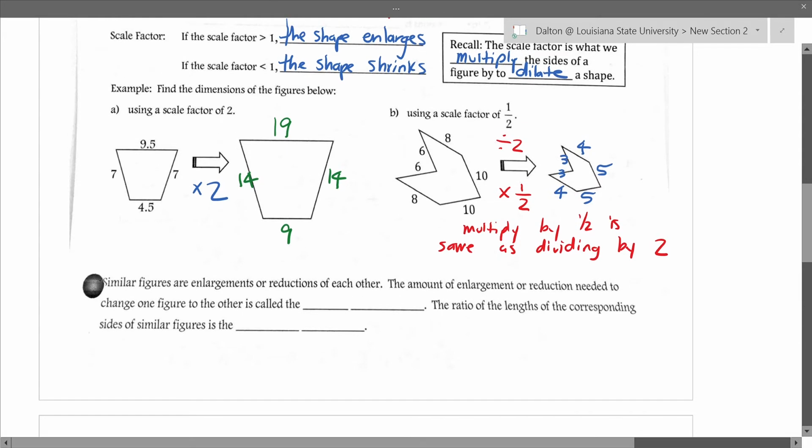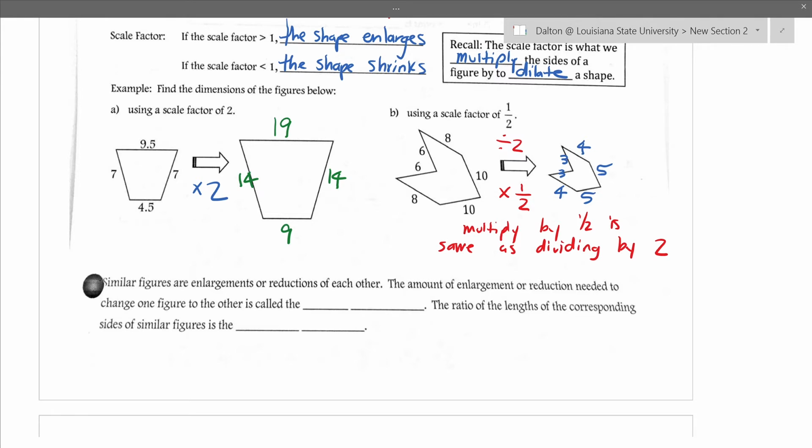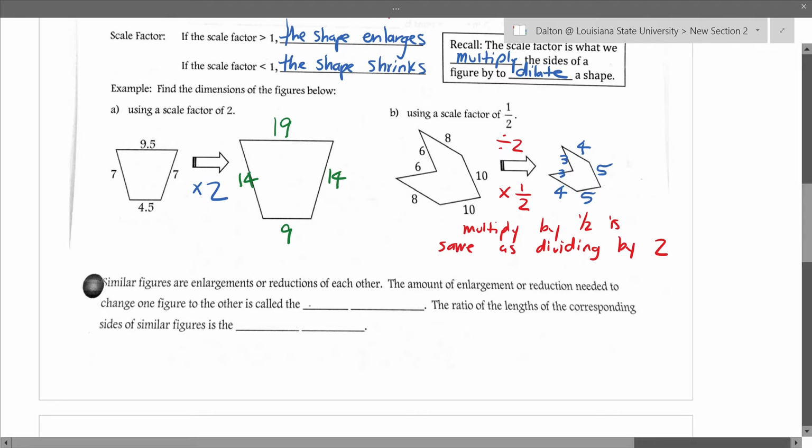Okay, and then lastly, it says similar figures are enlargements or reductions of each other. The amount of enlargement or reduction needed to change one figure to the other is called the scale factor, which we just discussed.